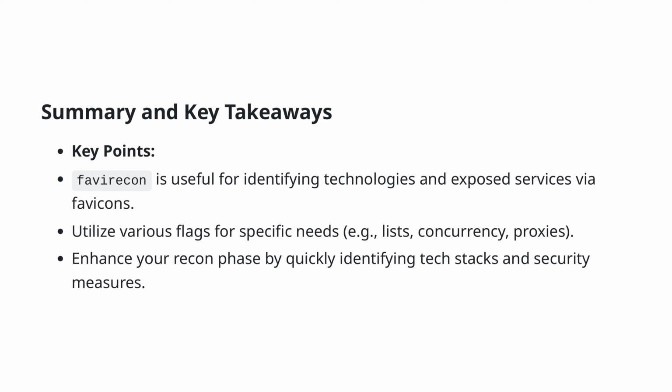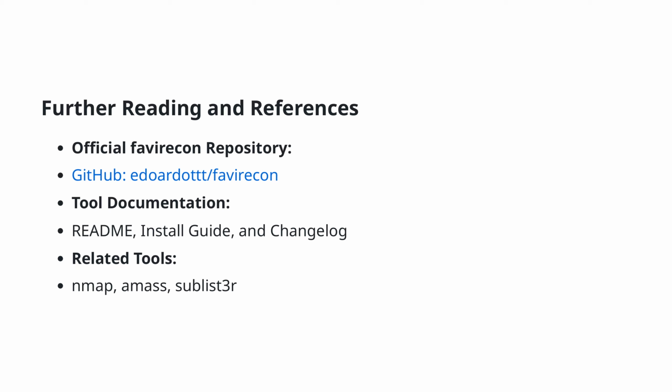For further reading and references, you can explore the official Favirecon repository on GitHub, where you'll find everything you need in the README, install guide, and changelog. It's crucial to familiarize yourself with these resources to fully leverage Favirecon's capabilities.